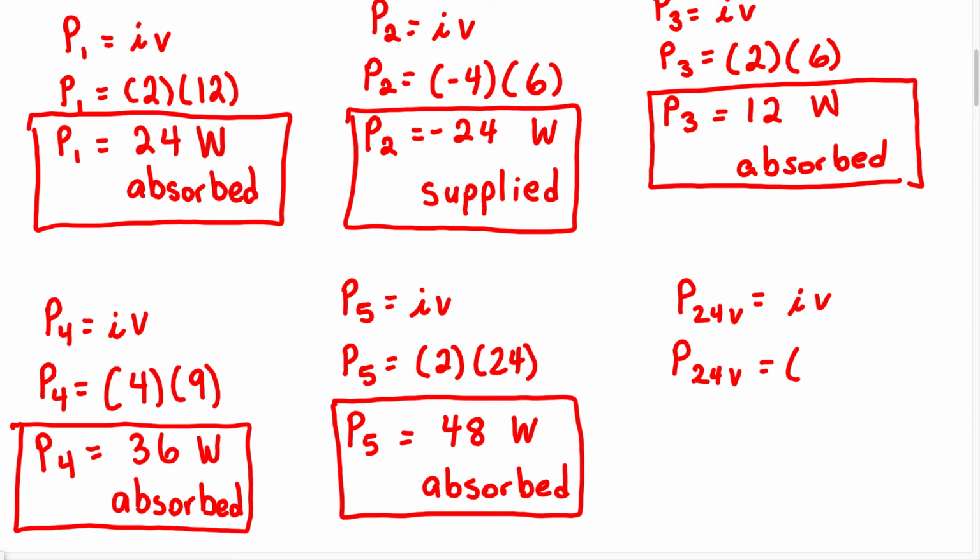So we're just going to write negative 4. And we know the voltage is going to be 24 volts. When you multiply these two, you're going to get the answer negative 96 watt. And because it's negative, we know this power is being supplied.